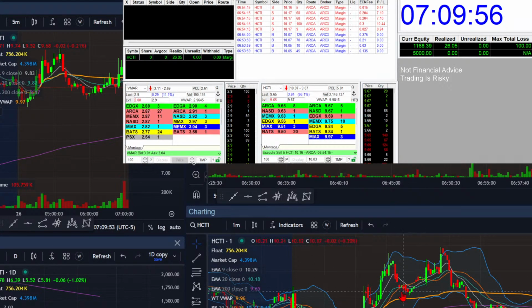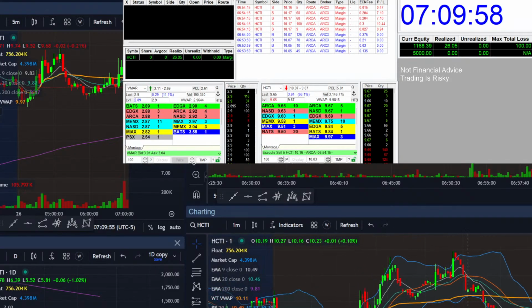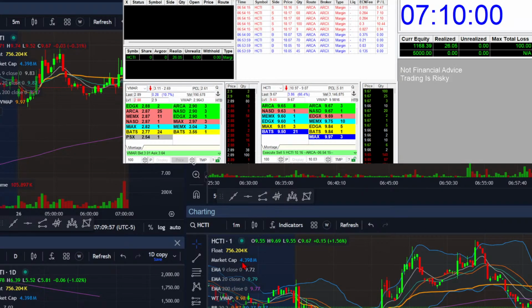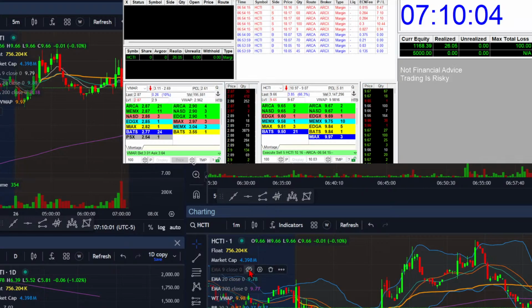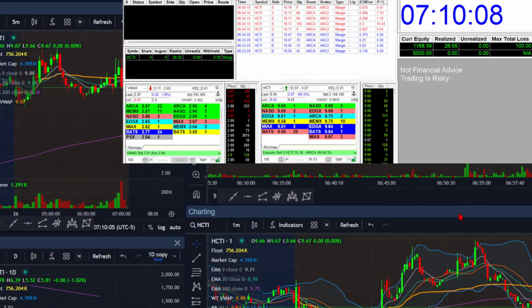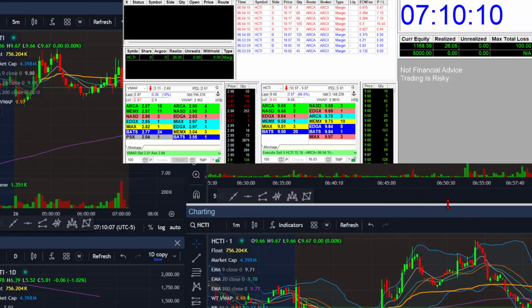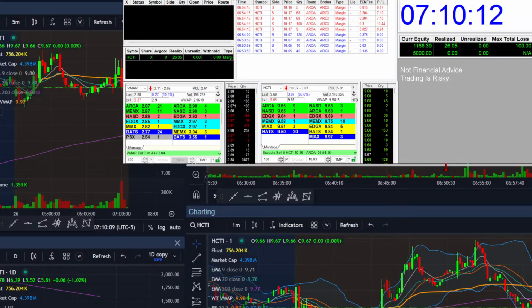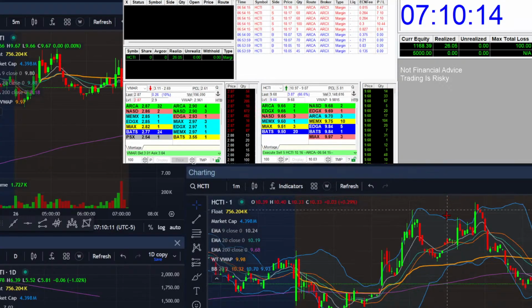Okay, so right here are the settings, and you can disable them, and let me see if I can move this. Okay, yeah, there, so you can see a little bit better.